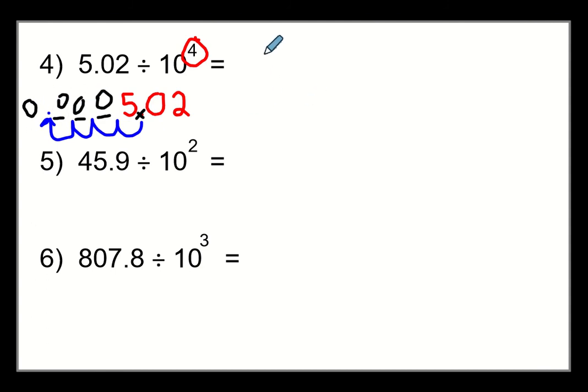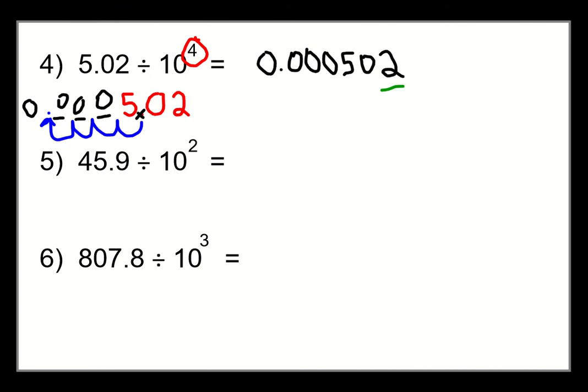And so 5 and 2/100 divided by 10 to the 4th power is going to give us a quotient that reads as 502, and I need to identify what place value that is. That's the tenths, hundredths, thousandths, 10,000ths, 100,000ths, millionths. So 502 millionths, essentially.